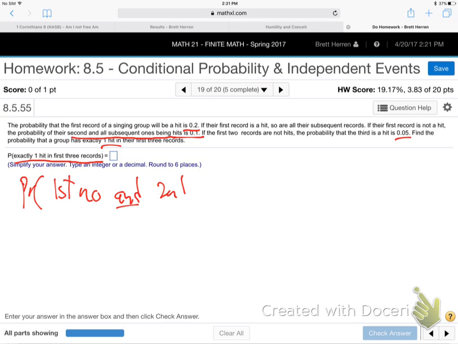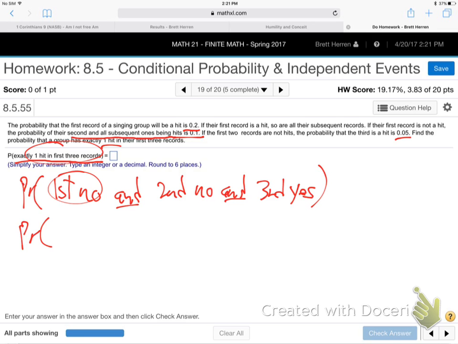The second is no, and the third is a yes. That would be the only way you could have exactly one hit in the first three, right? Because once you hit a hit, all the ones after that are hits as well.